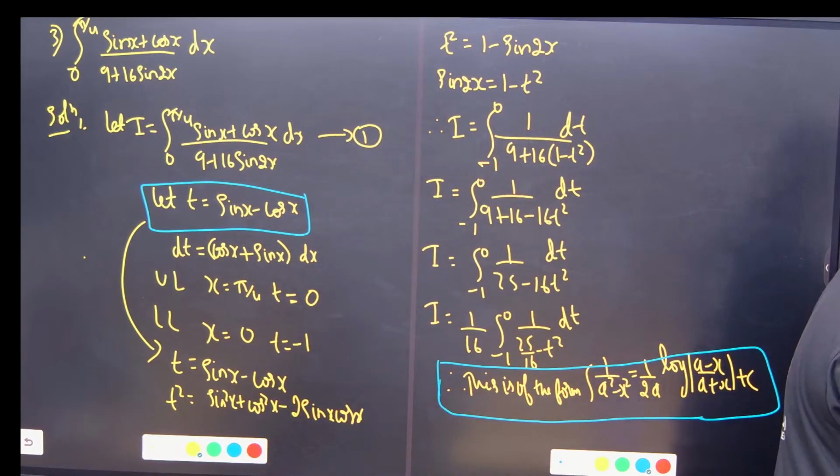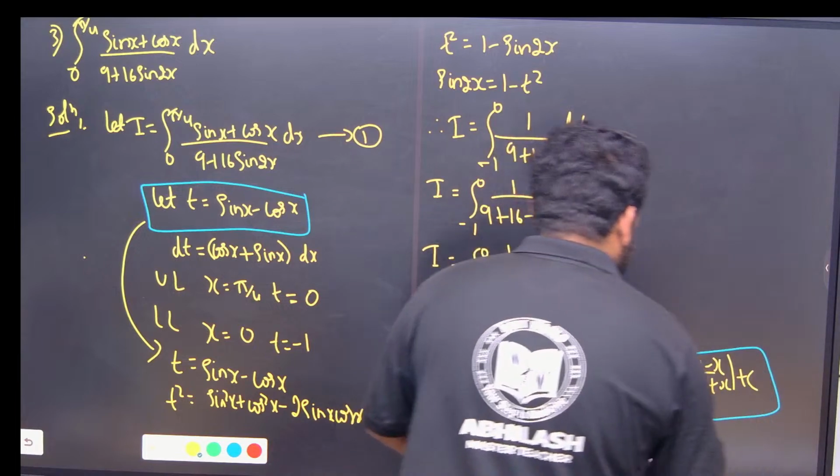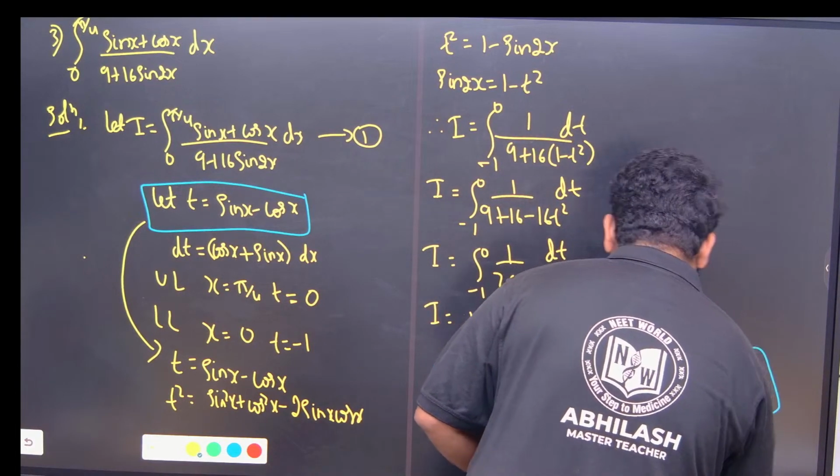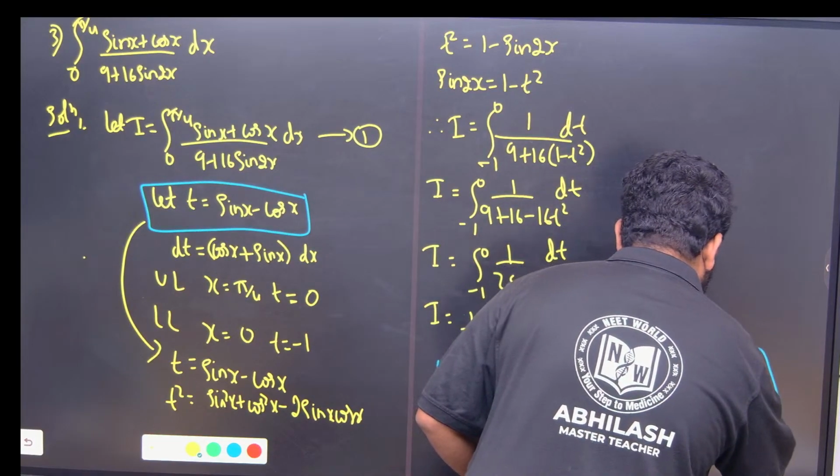So, clear till here? Okay, 1 by 2a log of a minus x by a plus x. Actually this should make a change, this should be a plus x.